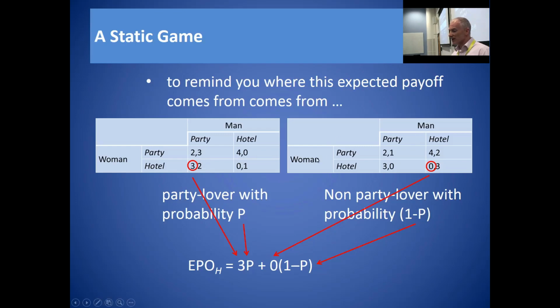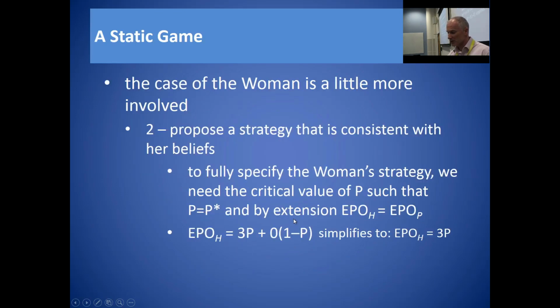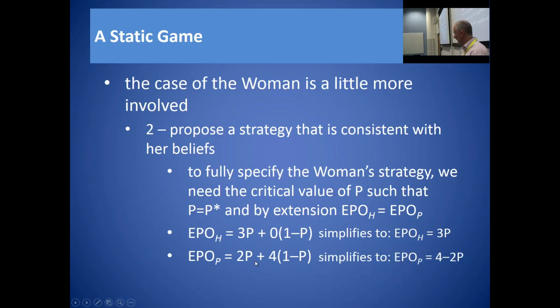If she goes to the party and the man is not a party lover, she gets a payoff of 4. So it's the 4 and the 2, weighted by 1 minus p and p. So again, that is where that comes from.